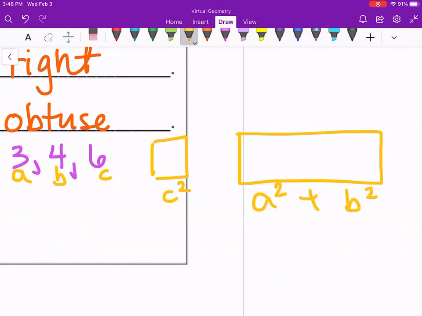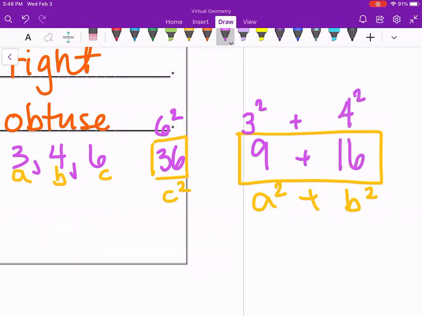So if my C squared is 6 squared, that is 36. A squared is 3 squared, which is 9, plus B squared, so 4 squared, which is 16. 9 plus 16 is 25.